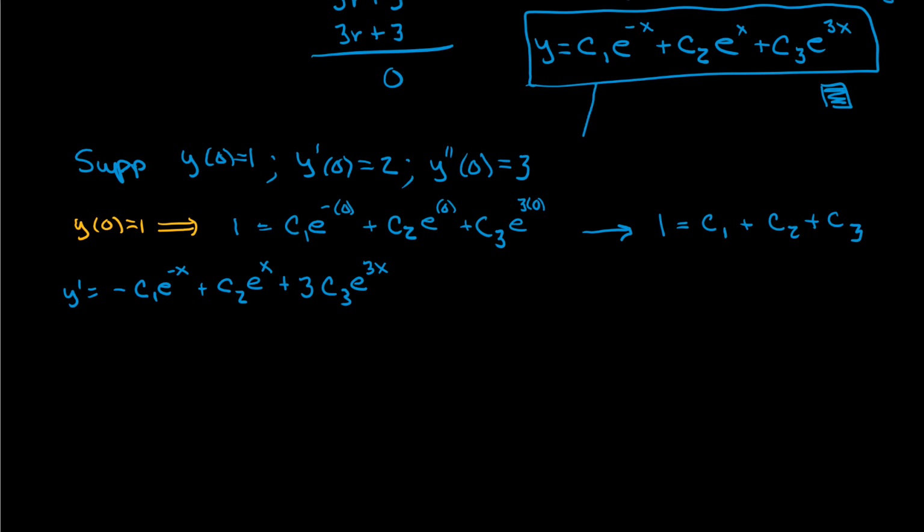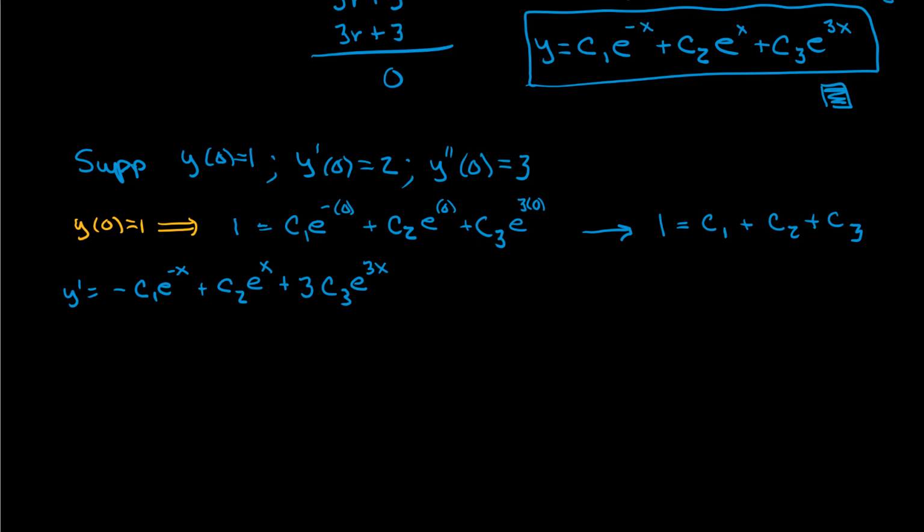This came from computing the derivative of each of the terms in our original solution. The first two are pretty straightforward. The third one you have to use the chain rule on. That's where the 3 in front of the C3 comes from.